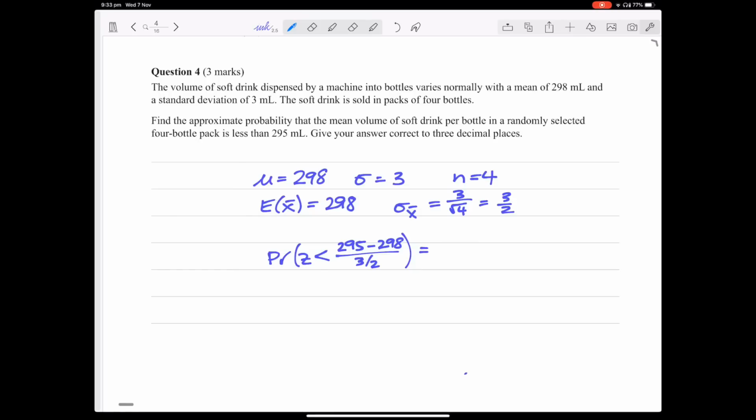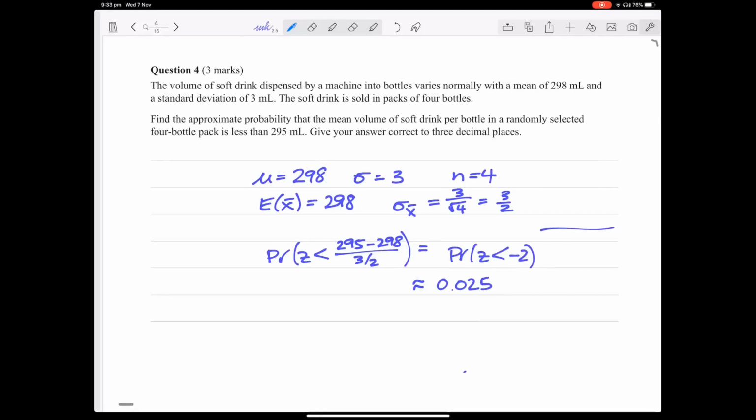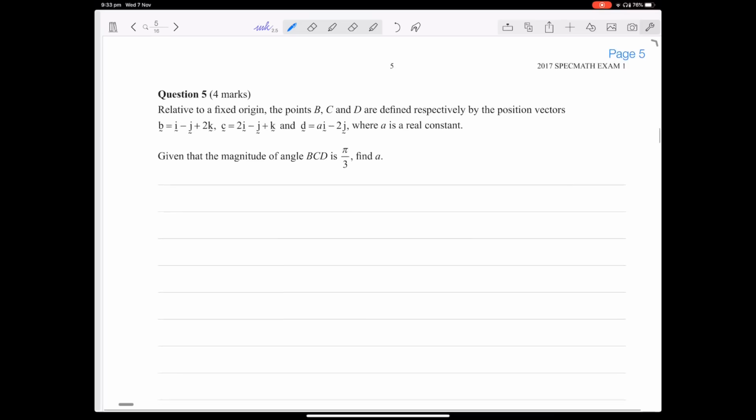So I've got negative 3 on 3 on 2, so that's the probability that z is less than negative 2, which we know is approximately 0.025, because if you draw a curve, 0, 1, 2, that's about 95%. So in here's got to be 2.5%. I think the exact value is 0.023, but I think either would be fine as an answer.